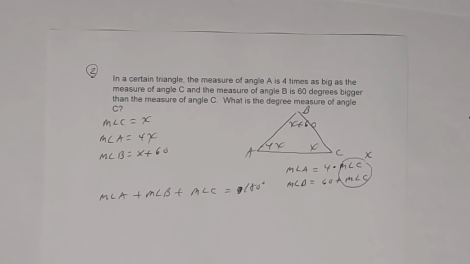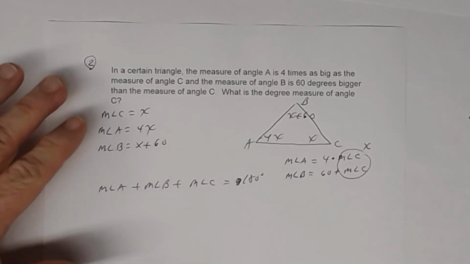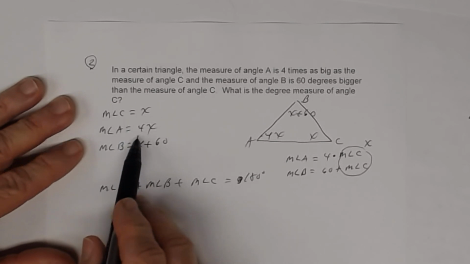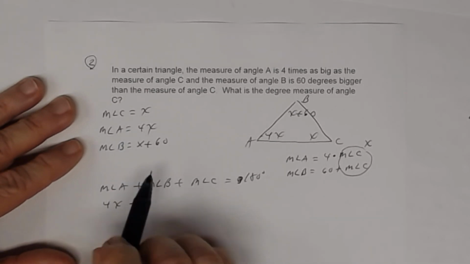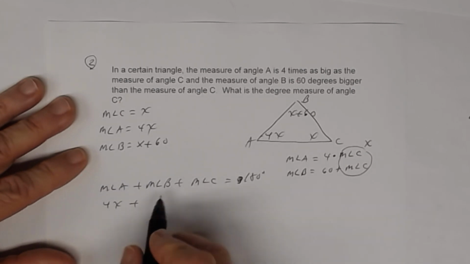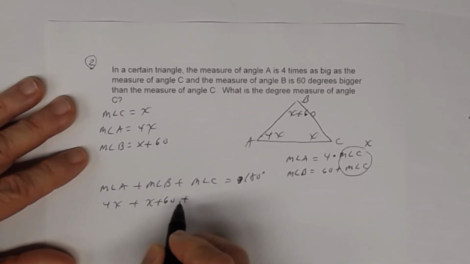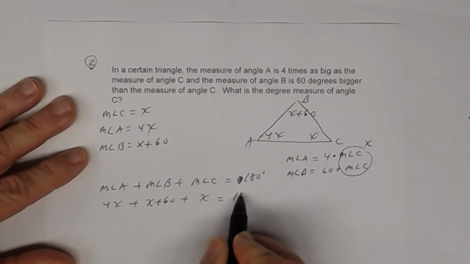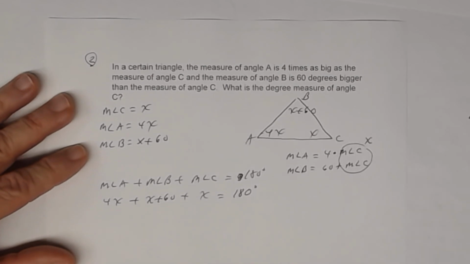So the measure of angle A plus the measure of angle B plus the measure of angle C has to equal 180 degrees. Okay, so now let's substitute all this information into our problem. The measure of angle A is 4x. The measure of angle B, right here, is x plus 60. And then the measure of angle C is x, right? And that's going to equal 180 degrees. And you don't have to put the degree symbol.